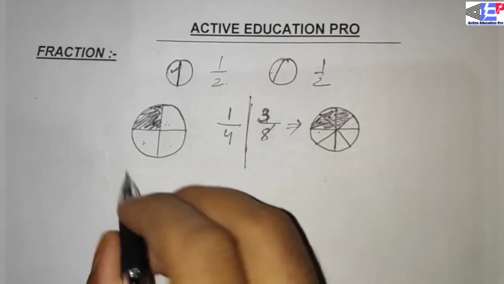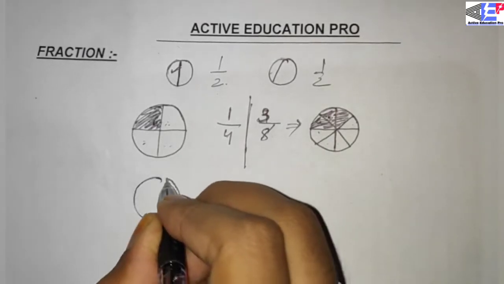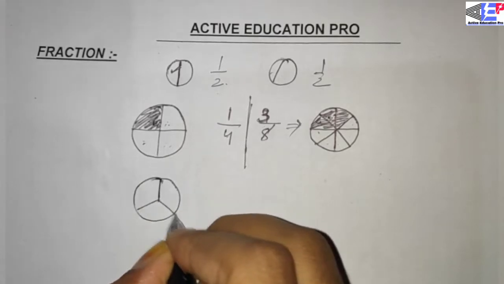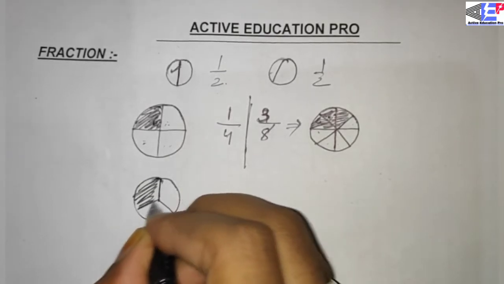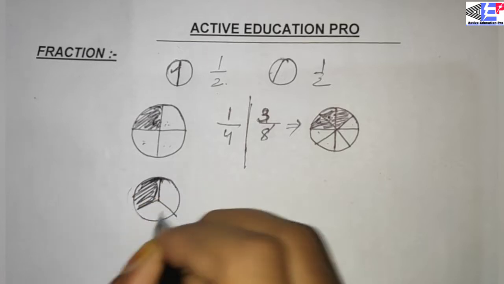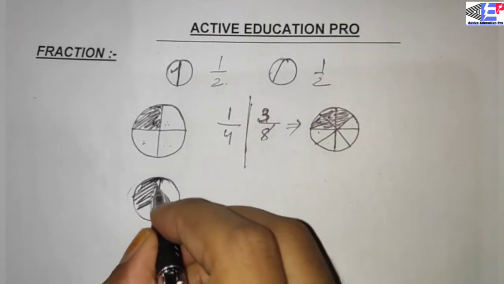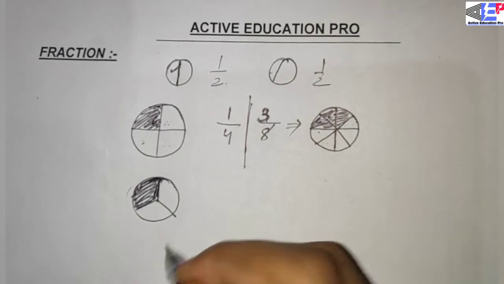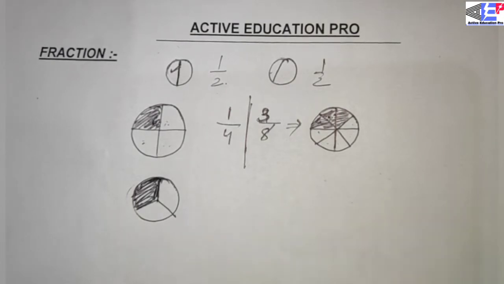But if there is a shaded area, now the circle with a shaded part, and you have to write the fraction of the shaded area, how could you write it?